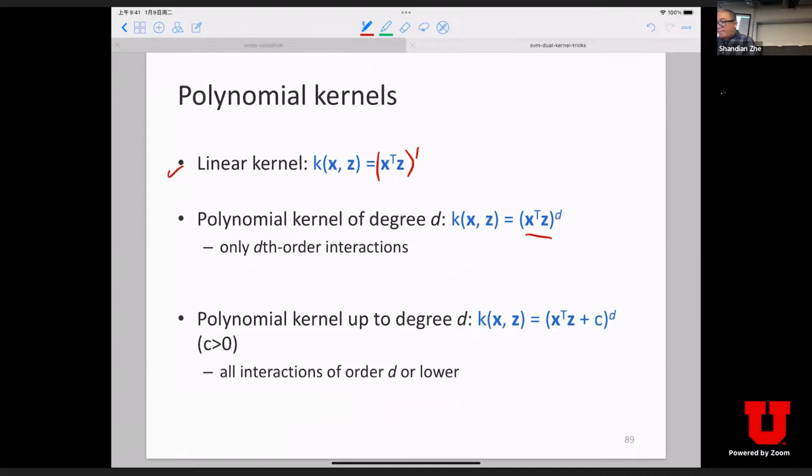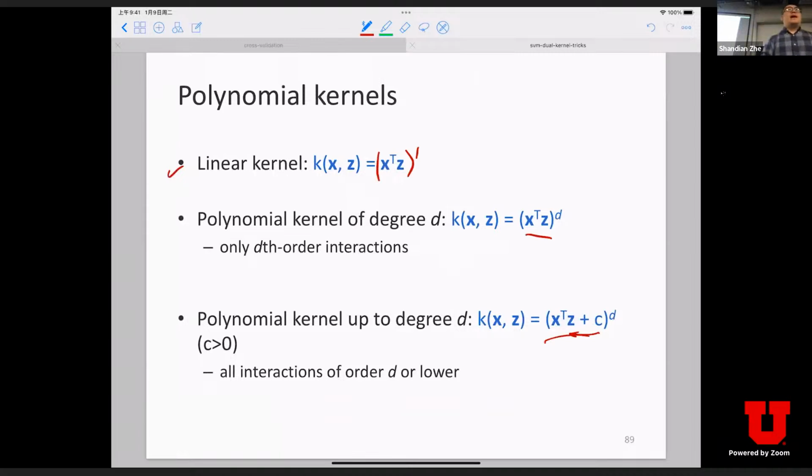And someone may say, if you take the power of d, you only preserve the order d terms. So what if I want to include all the lower order terms? Then you can add a constant c to your dot product and then take the power of d. You can expand this polynomial function.